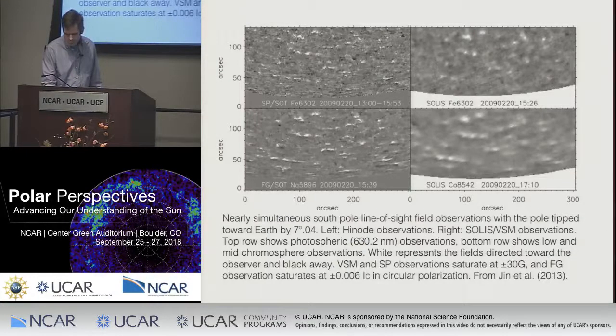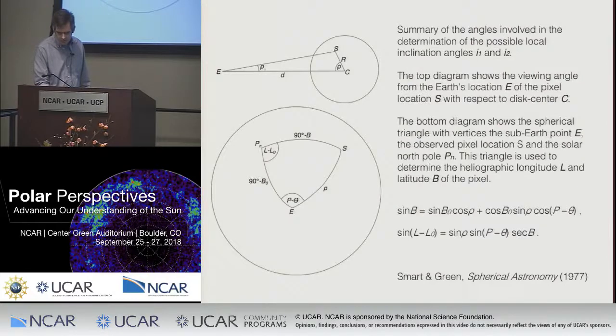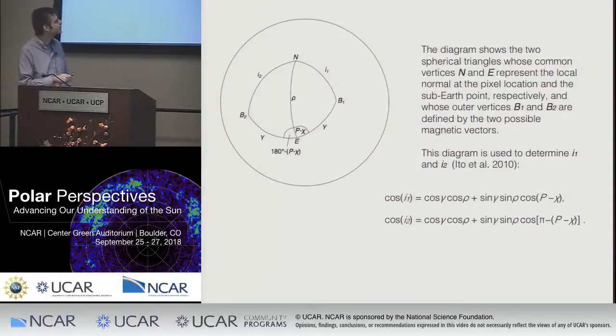So if I take the SOT data like synoptic data, I transform from disk quantities to latitude and longitude. And I use a recipe devised by Ito et al. of JAXA. Get the inclination angles.